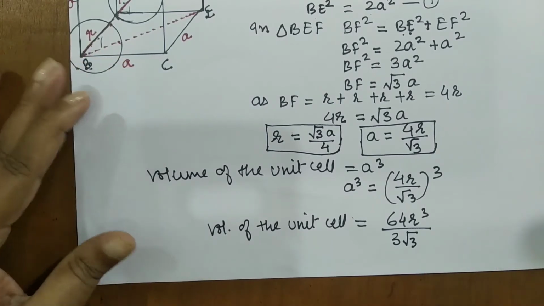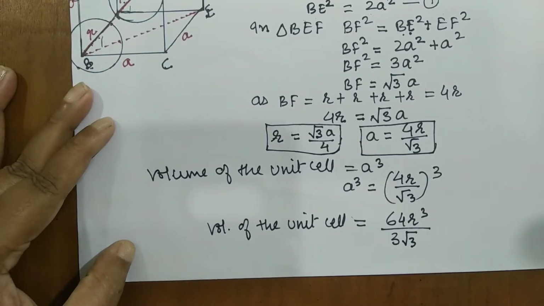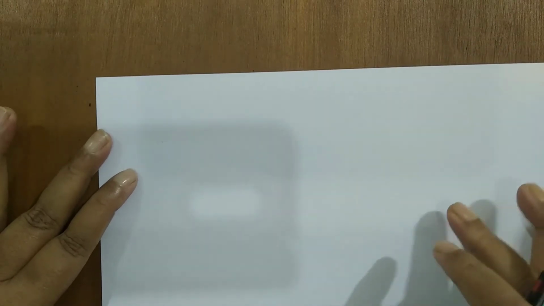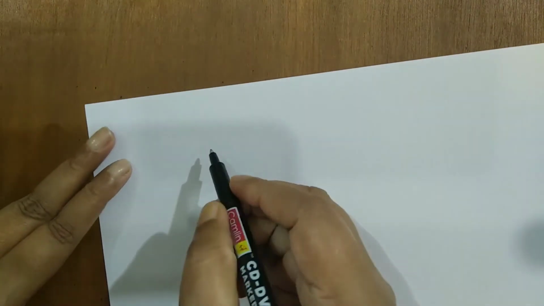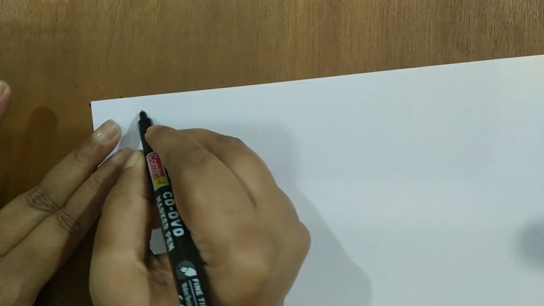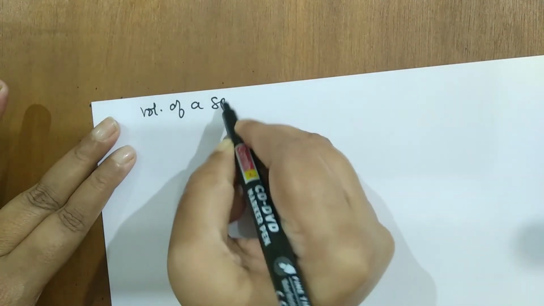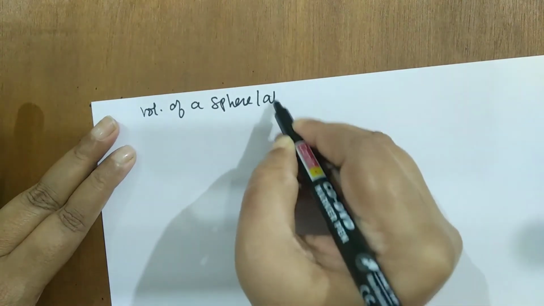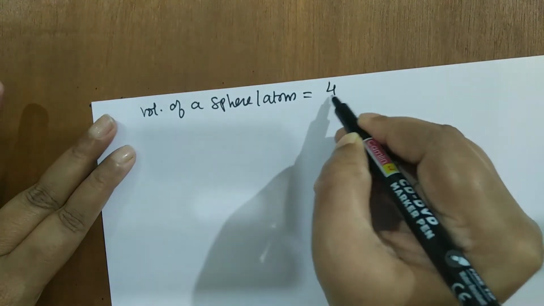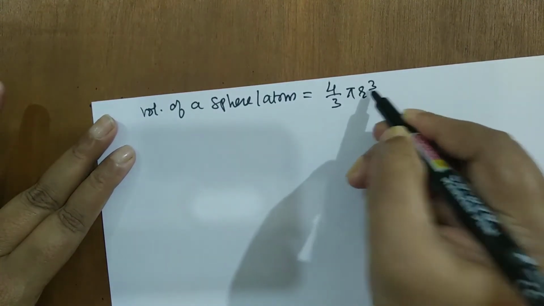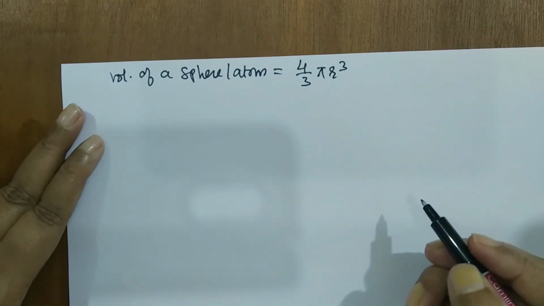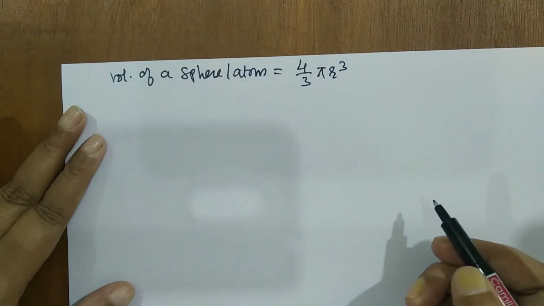Now let us move on to the next calculation. So let us see now the volume of one atom. So volume of a sphere or atom is equal to 4 upon 3 pi r cube. How many atoms are involved in BCC structure, student? There are 2 atoms.